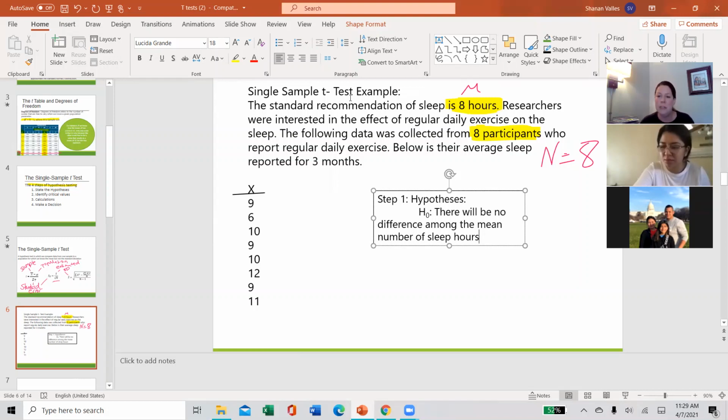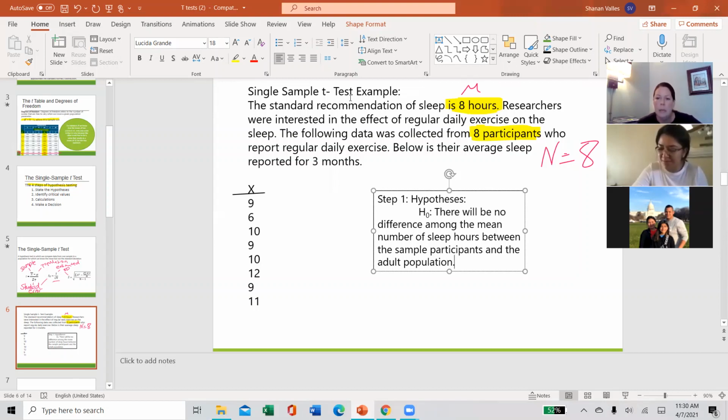So there will be no difference among the mean number of sleep hours between the sample participants and the, I don't know, we'll just say adult population, I guess. It doesn't say we're looking at adults, but I know we don't recommend 8 hours for children.